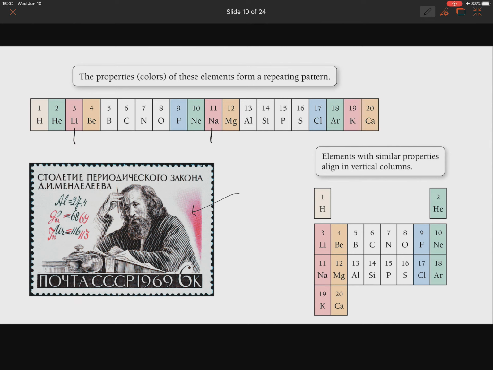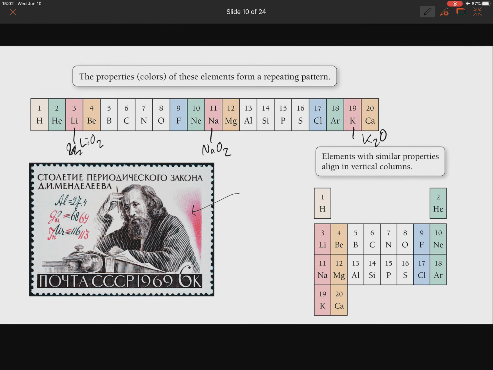Lithium, sodium, potassium all behaved the same. They all formed the same kind of compounds with oxygen. Sorry, I completely messed up what I was trying to do here.